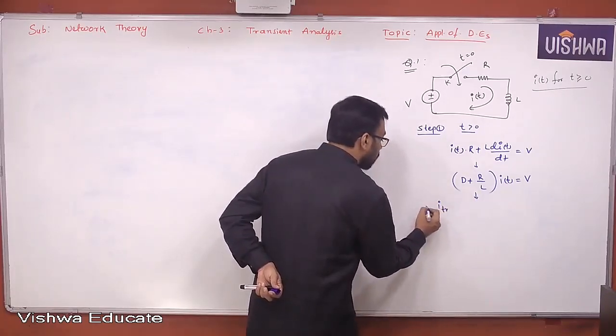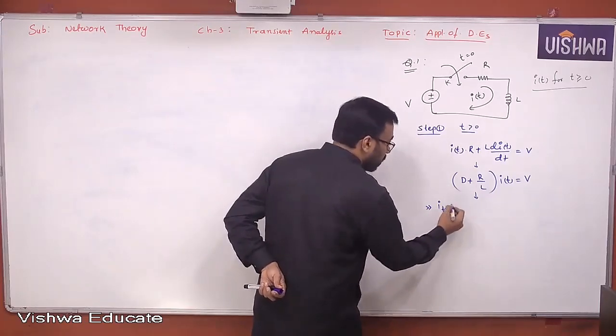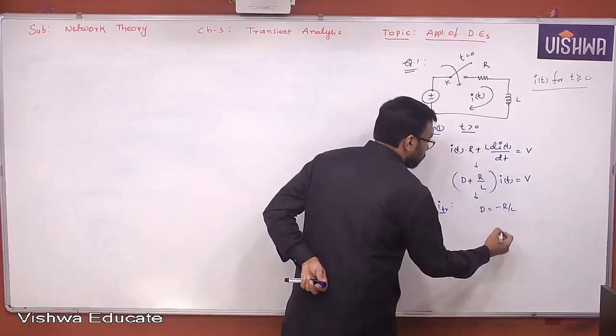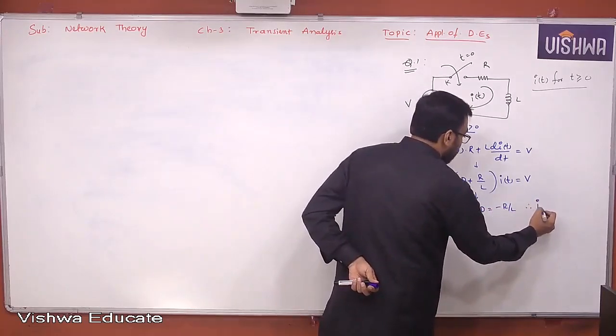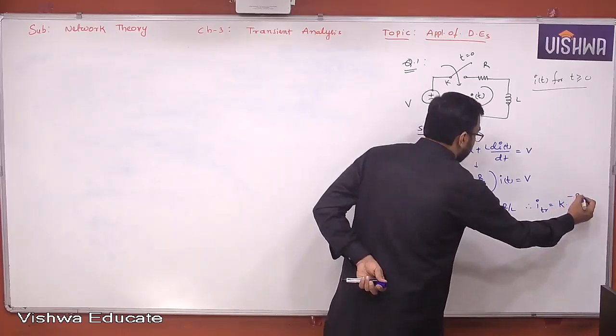I_TR is nothing but what? The root, when you find it, D is equal to minus R by L. Therefore, I_TR is nothing but K into e power minus R by L t.